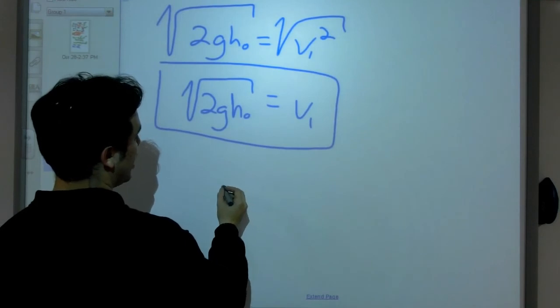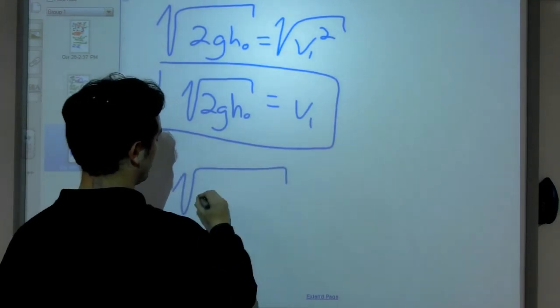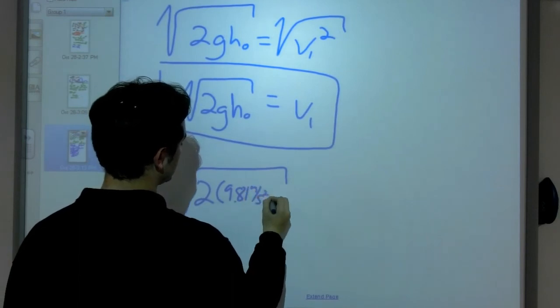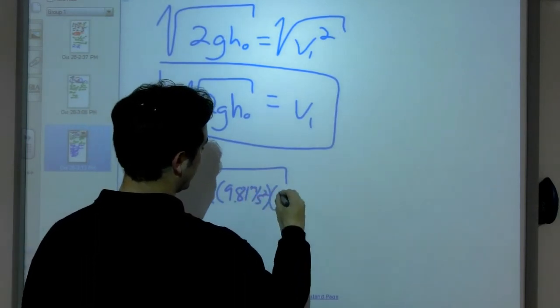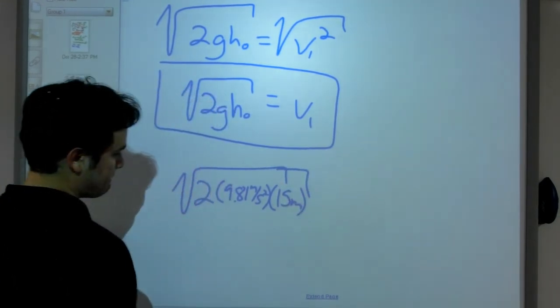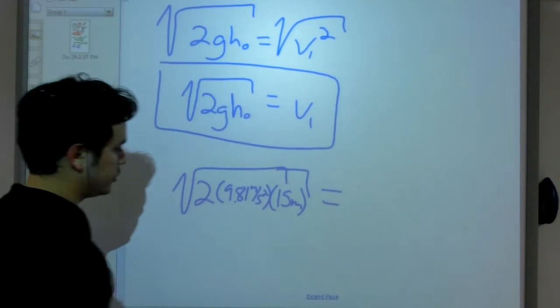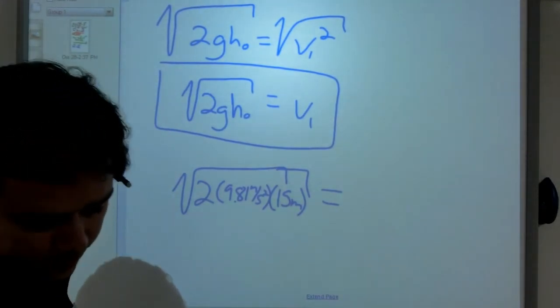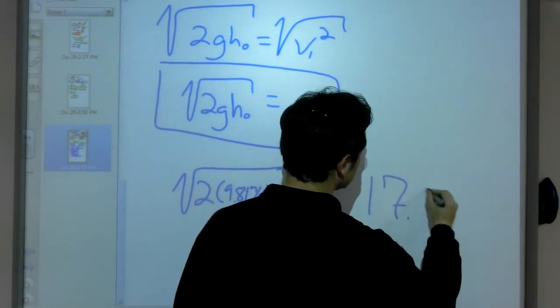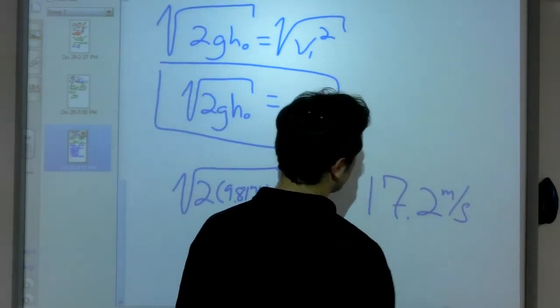So now I can plug things in. I know that it's the square root of 2 times 9.81 meters per second squared, times my initial height of 15 meters. I plug those in, and I get my final velocity, which should come up to 17.2 meters per second.